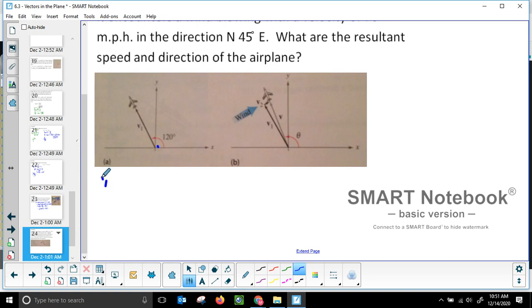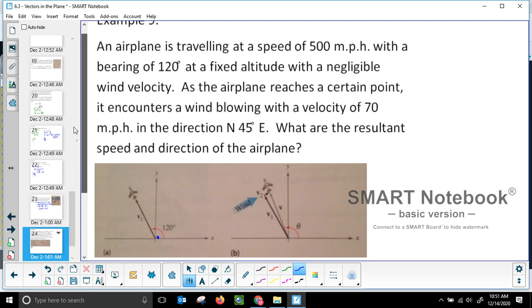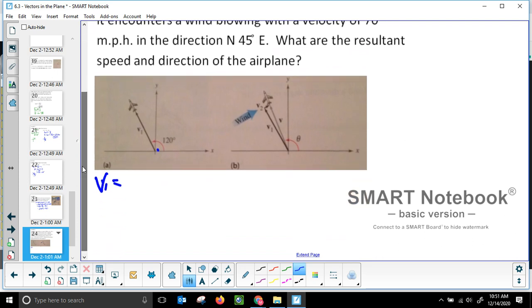V1 is equal to, and what was the speed of that plane? 500 miles per hour. So this will be 500 times cosine of 120, comma, sine of 120.